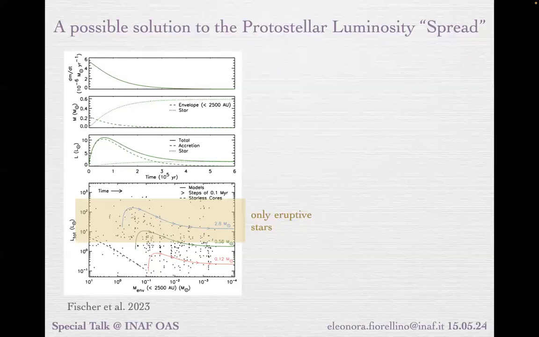Now we like to use another word. We talk about the protostellar luminosity spread. In summary, according to models, there is a relationship between the luminosity of the young stellar objects and the mass accretion rate. And you can understand it because the mass accretion rate depends linearly on the accretion luminosity, so it makes sense.